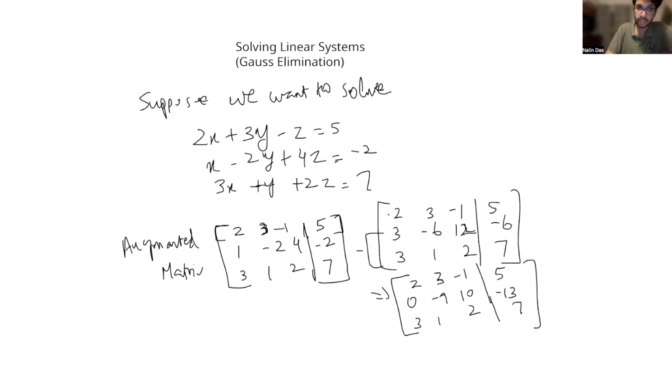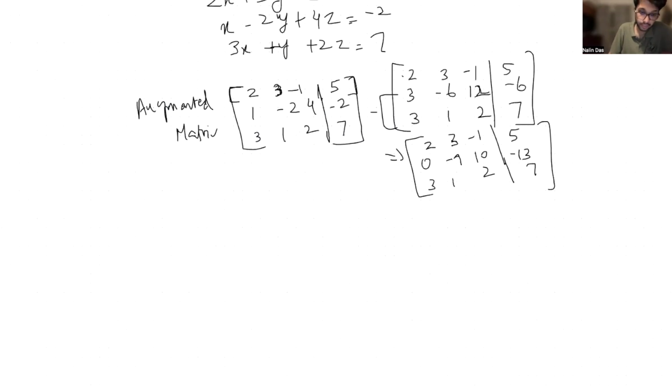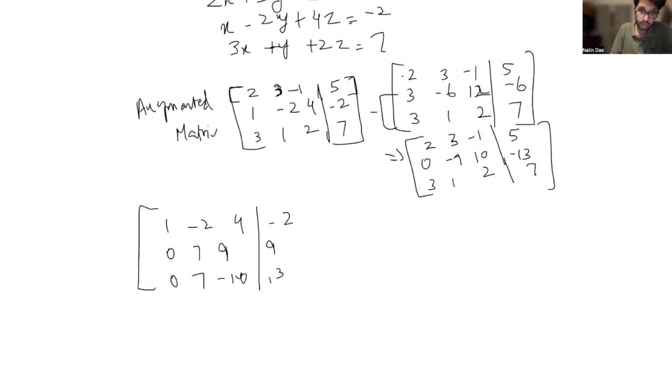After all the operations, what we get as the final augmented matrix is somewhat like this: 1, minus 2, 4, minus 2; 0, 7, 9, 0; 7, minus 10, 9, 13, right?